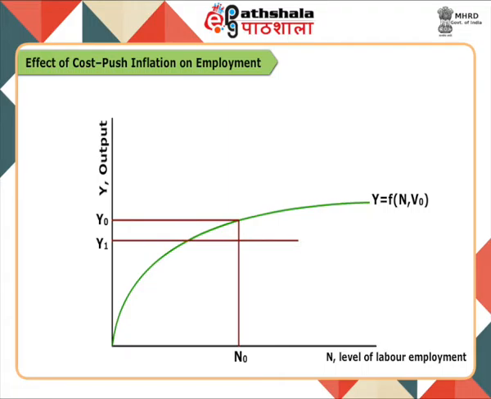If production function remains the same, that is, Y is equal to function of N, V0, then employment shall reduce to N1. But if production function shifts down due to substitution of other factor inputs with labor, the new production function shall be Y is equal to function of N, V1, where V1 represents other factor inputs except labor, which is again at fixed level and less than V0.